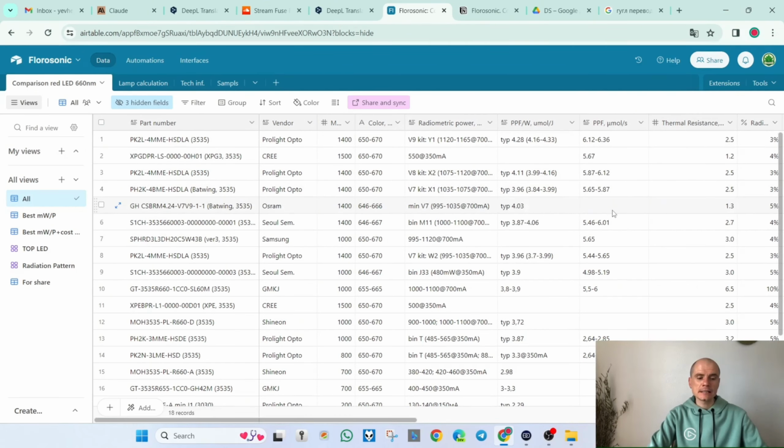You can see that I didn't indicate some parameters for part of the LEDs. This is because these parameters are not indicated in the datasheets.